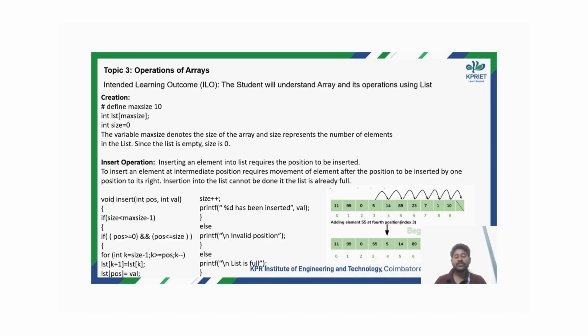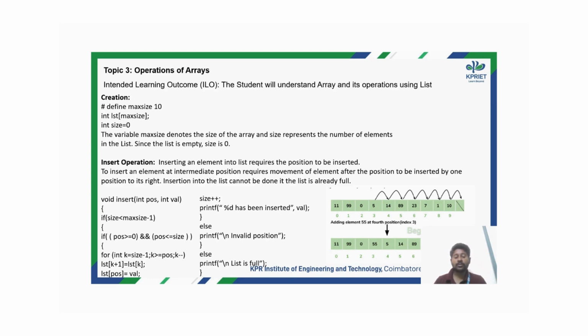For this, first it has to go for a conditional statement to check whether size is less than max size minus 1. Max size is the total occupancy, and size is the number of elements already present. Why minus 1? Because addresses usually start with 0.